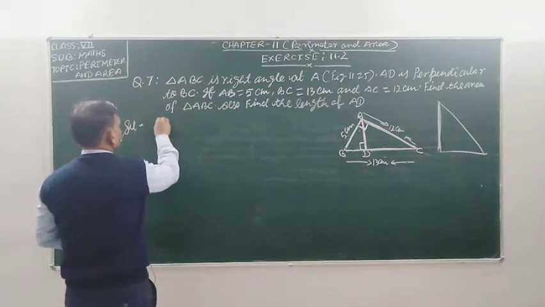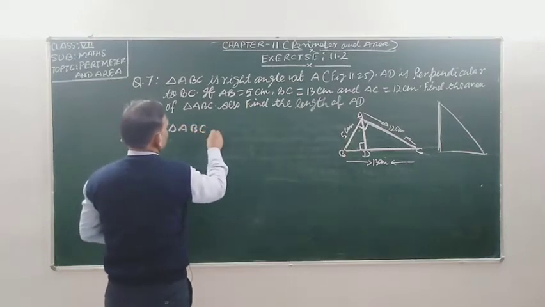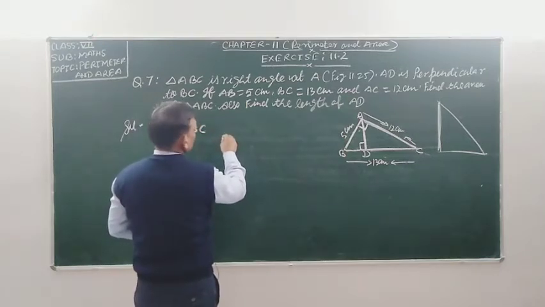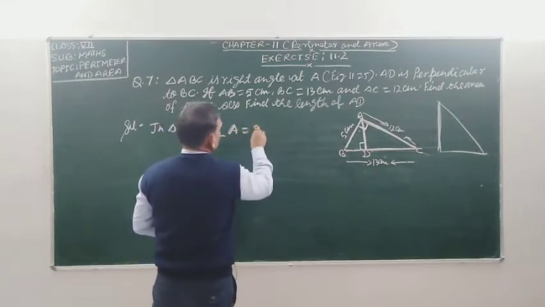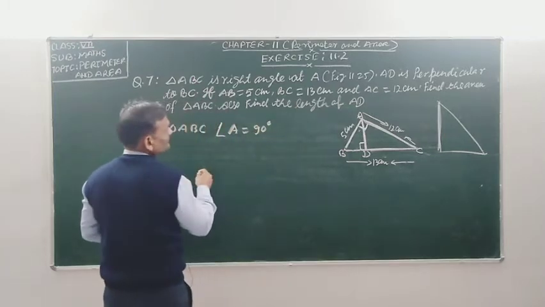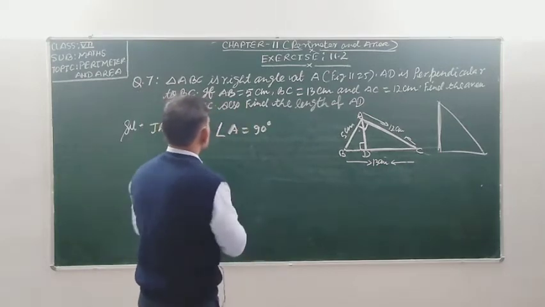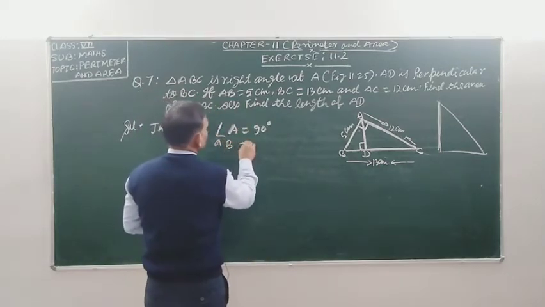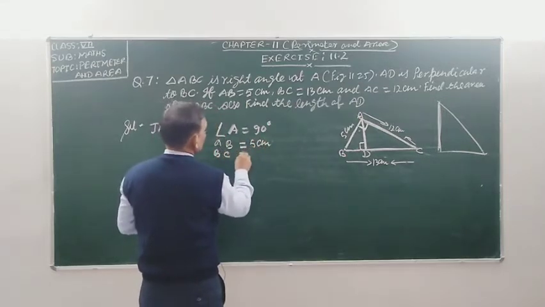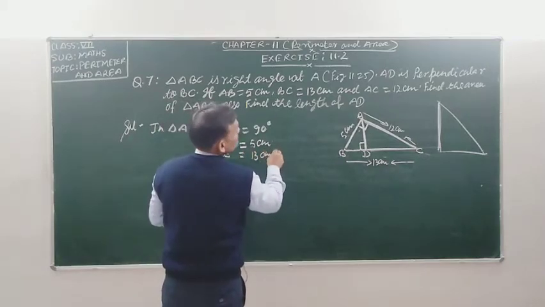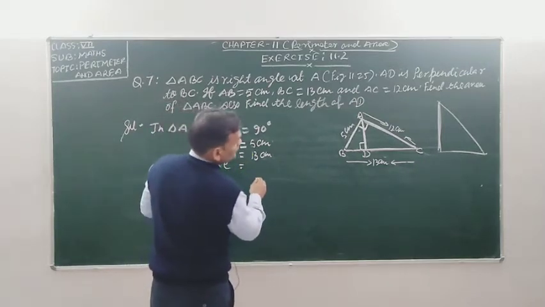Angle A in triangle ABC is equal to 90 degrees, and AD is the perpendicular line. AB is equal to 5 centimeter, BC is equal to 13 centimeter, and AC is equal to 12 centimeter. It is given.